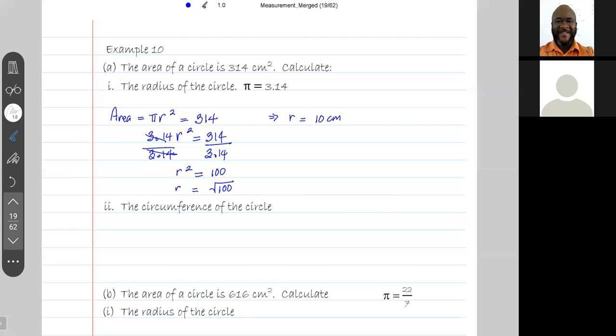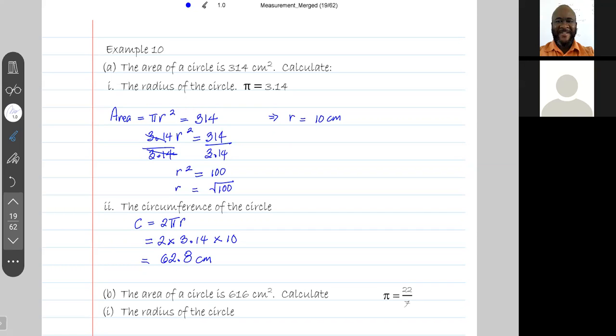Now that I know what the radius is, I'm asked to calculate the circumference. Now the circumference C is equal to 2 pi r. So this is 2 times pi, which is 3.14, times r, which is 10. All right. So this looks to me like it is 62.8, and the unit for the circumference is centimeters.